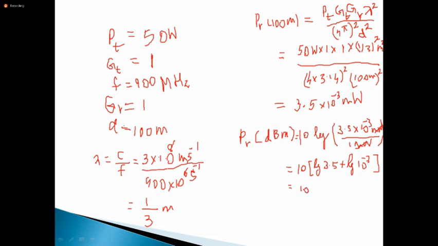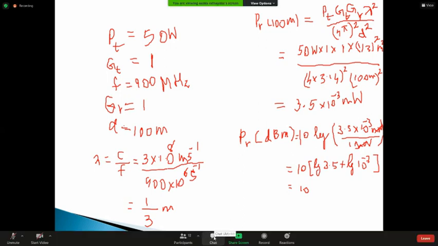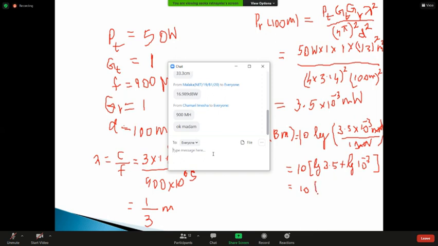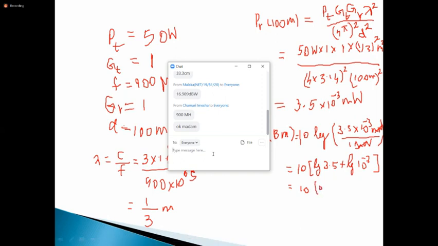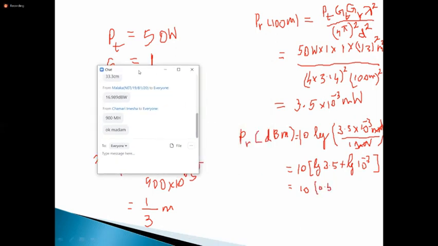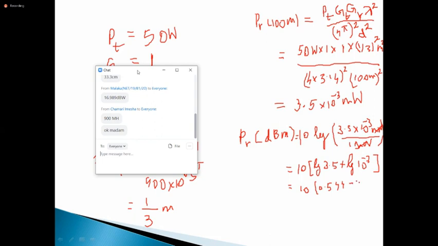Log 3.5 is 0.544. Then the minus 3 comes to the front, so it becomes minus 3 log 10.